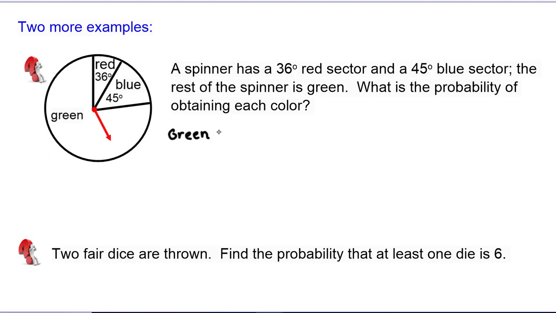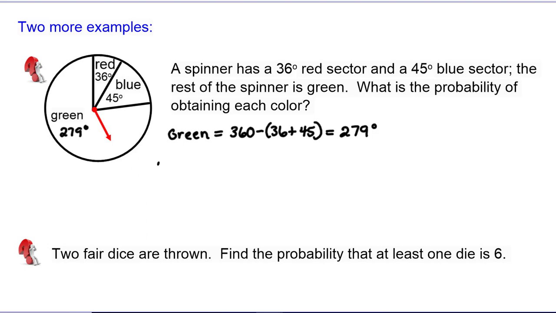Let's figure out how many degrees that is. There's 360 total degrees, and we're going to subtract the 36 plus the 45. So if I subtract that, I should get 279 degrees. So the green is 279 degrees. So we're going to put 279 degrees here.